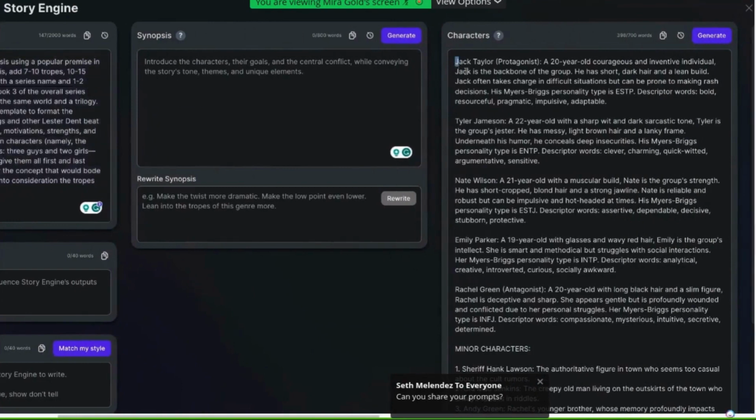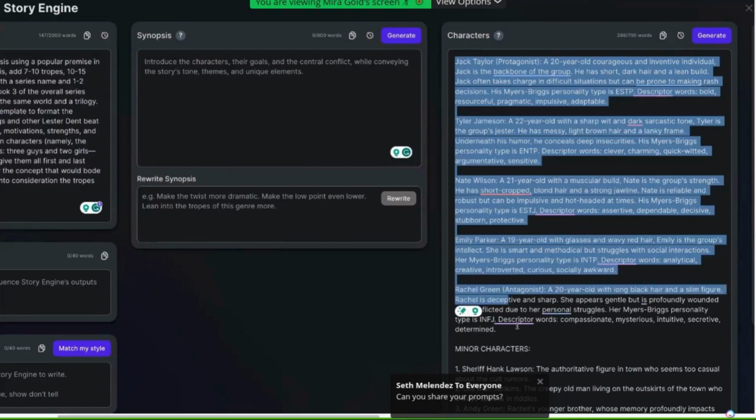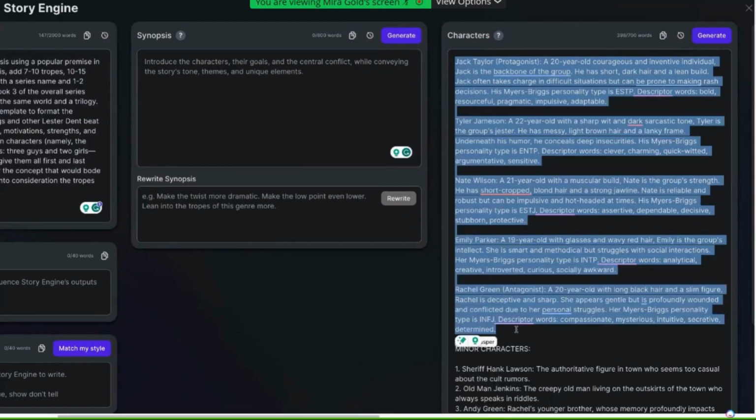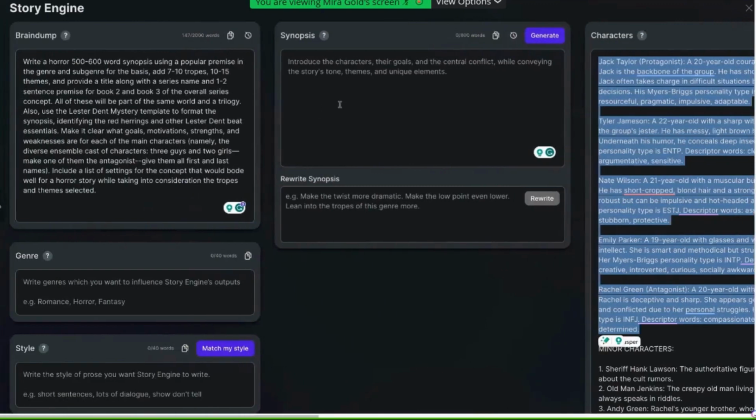So take a look at what I had generated prior. This is my character list with prompting. I'm showing this to you first because I want you to remember how detailed this character list is compared to what I get whenever I do not prompt the system. So we're going to generate the character list more than once today.